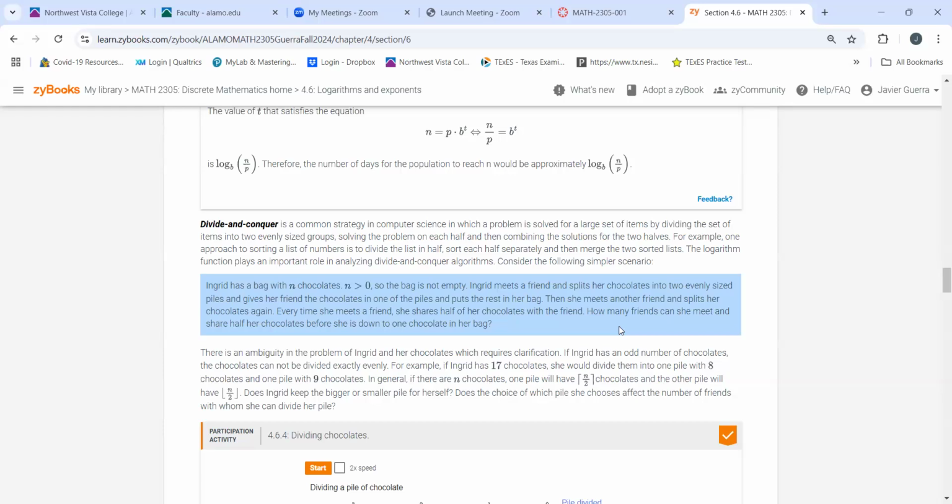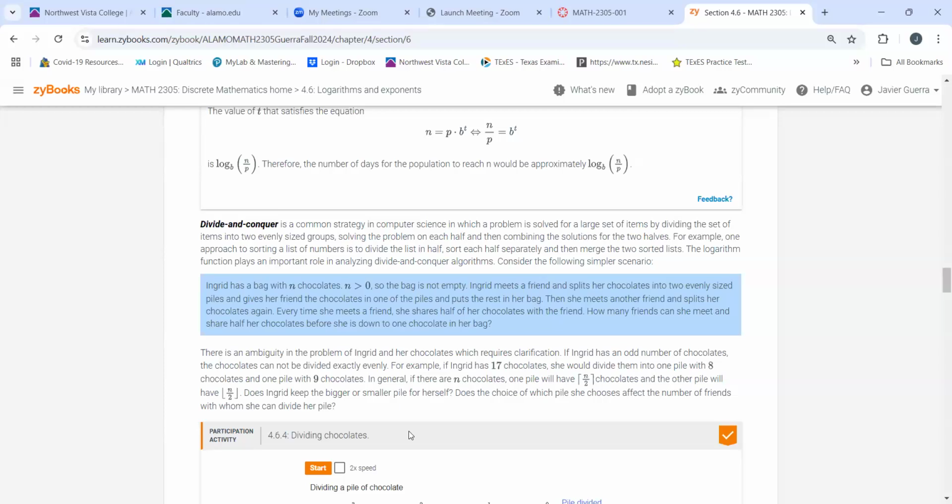So consider this simpler scenario. Ingrid has a bag of chocolates. Let's just say there are n chocolates. The bag is not empty, so n has to be greater than 0. Ingrid meets a friend and decides to split her chocolates into 2 evenly sized piles. She gives her friend the chocolates in one of the piles and then puts the rest in her bag.